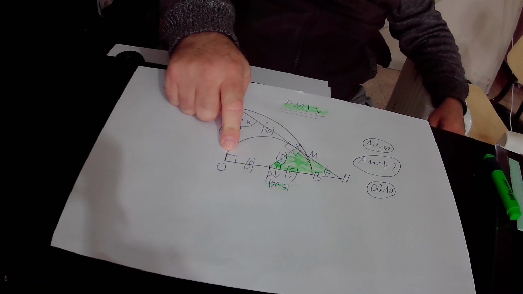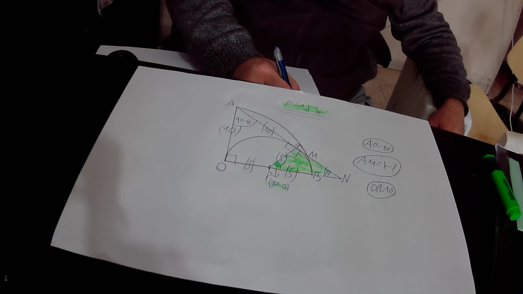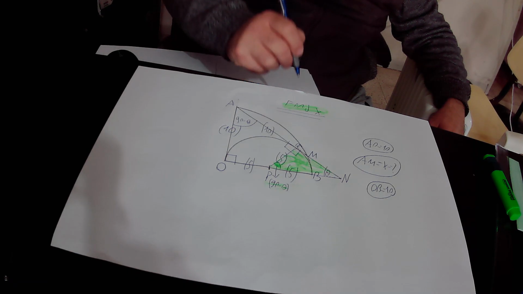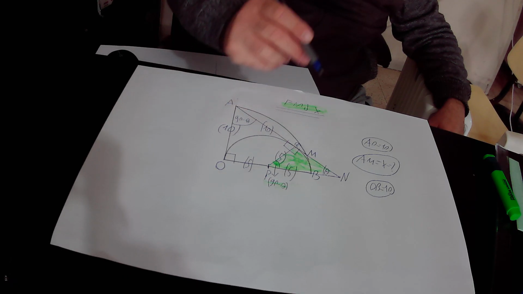This is angle AON in the right triangle AON, and it is equal to this angle in the green triangle. This is actually angle PQN.